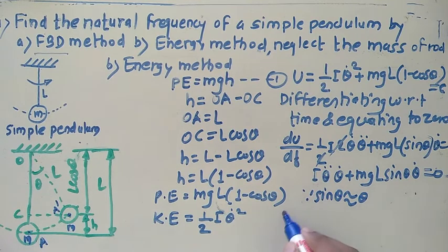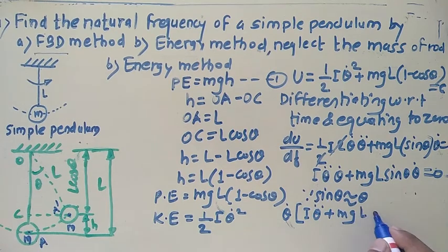So take theta dot as common and write I theta double dot plus mgL into, replacing sin theta by theta. Already we have taken theta dot as common, so just equate with 0.